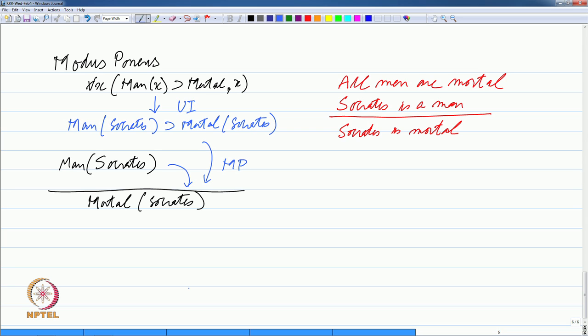So, this form of reasoning, as you remember, is called natural deduction. So, we will start with natural deduction, and we will show that natural deduction, or direct proofs as we call them, are not complete. They were not complete in the case of propositional logic, and they are not complete in the case of first order logic essentially.